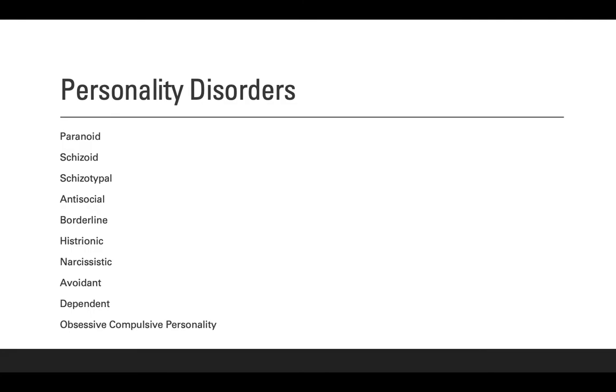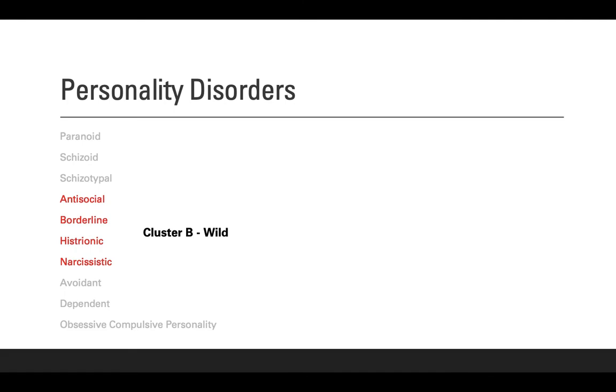So just in case, as a quick review, the cluster A personalities are paranoid, schizoid, and schizotypal. These are the weird personalities. And of note, these have a predisposition for schizophrenia. Just something to keep in mind there. Cluster B are wild.